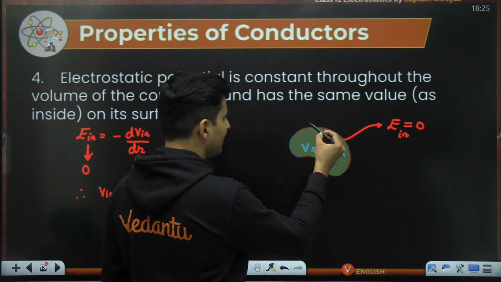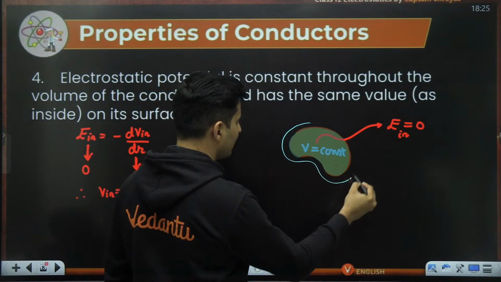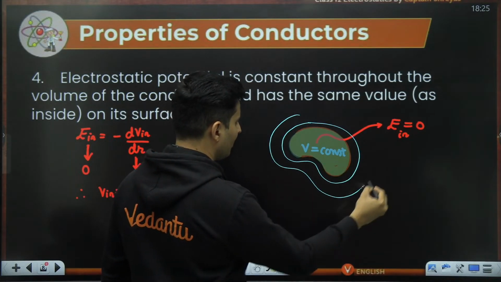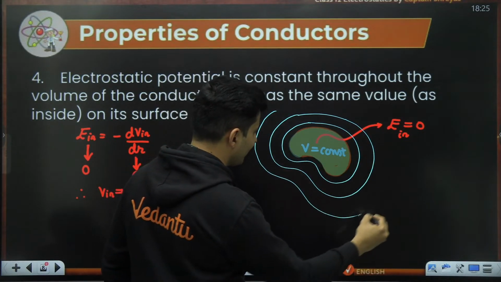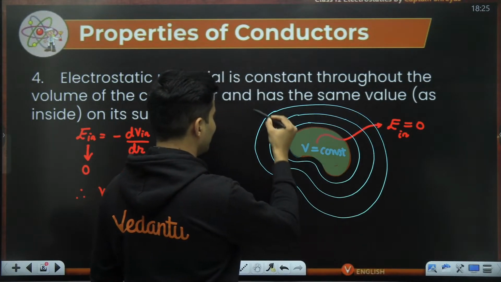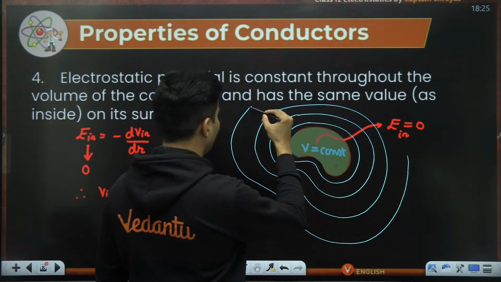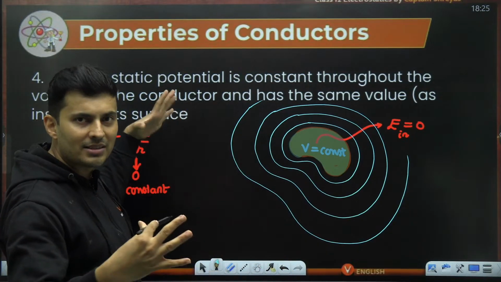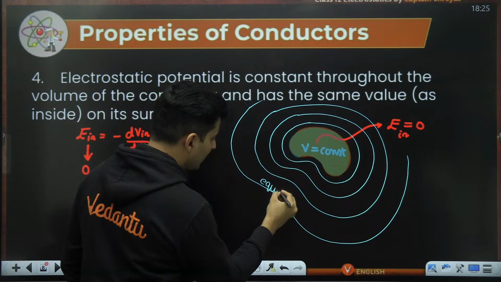In fact, you will start seeing equipotential lines like this. They will be enveloping the solid surface, almost the same shape as the solid. But as you move away, the shape gets diluted, you can hardly make it out, and it slowly becomes circular in nature. So these are equipotential lines outside.